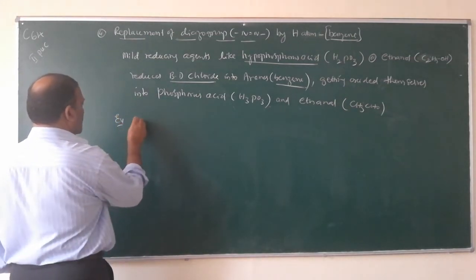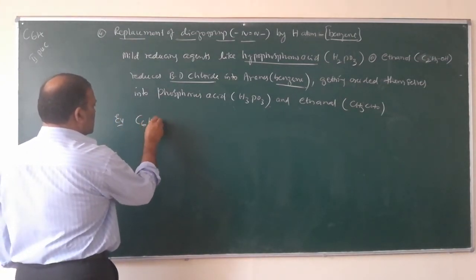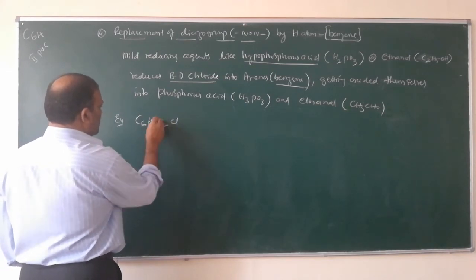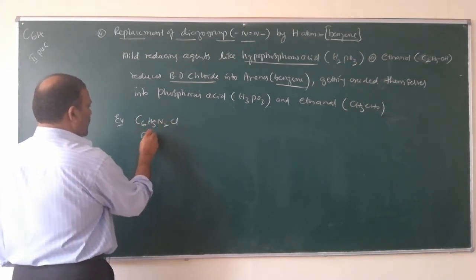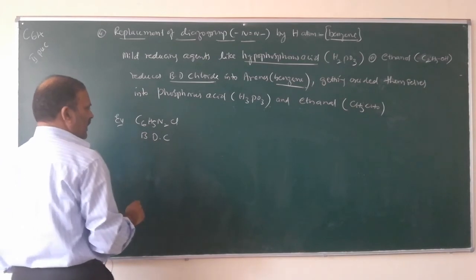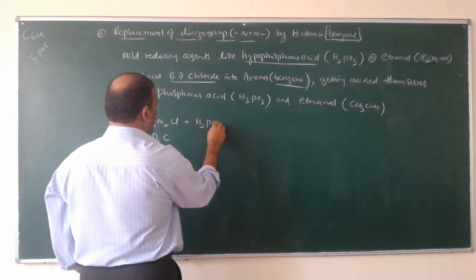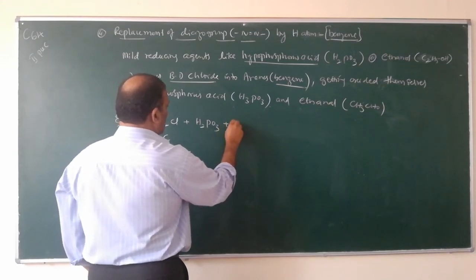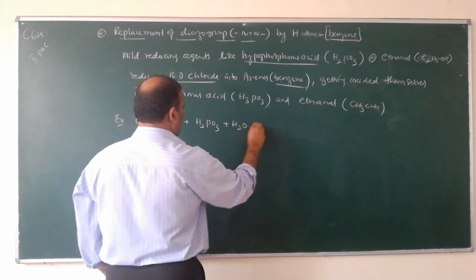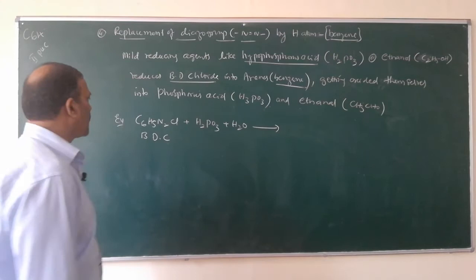Example: C6H5N2Cl. What is this compound? Benzene diazonium chloride. When it reacts with H3PO2 in presence of water, what happens?